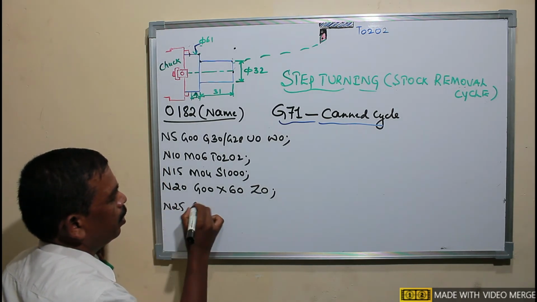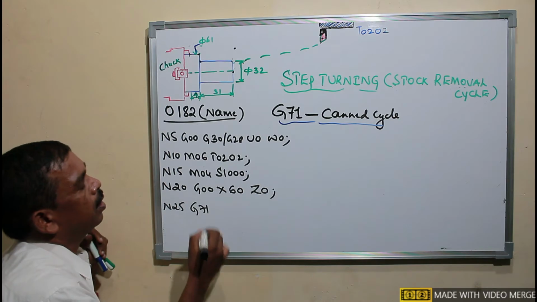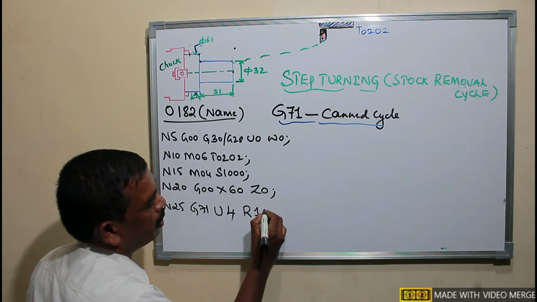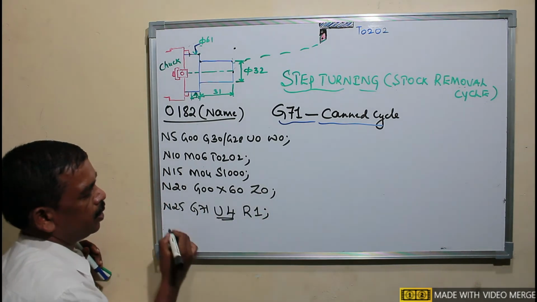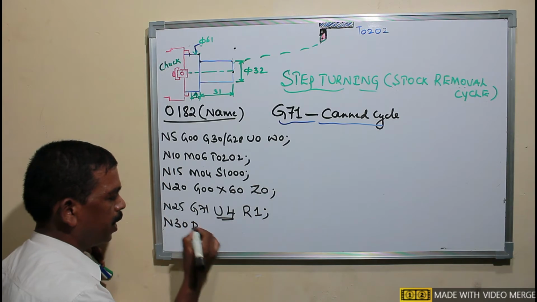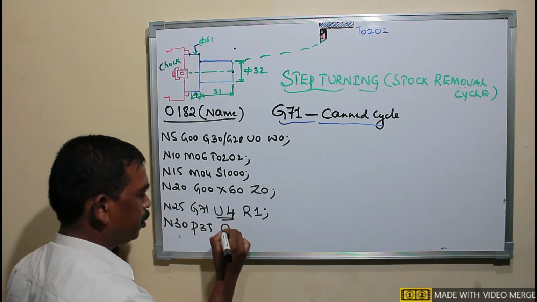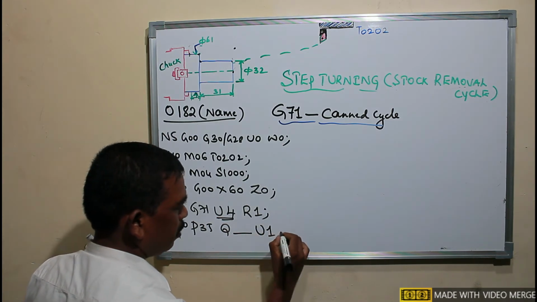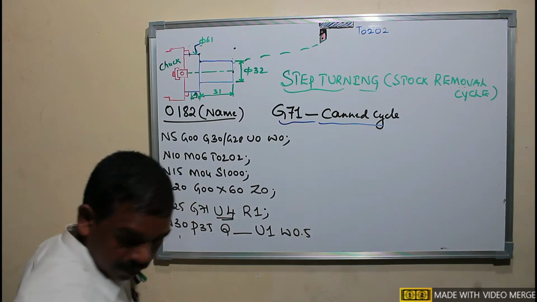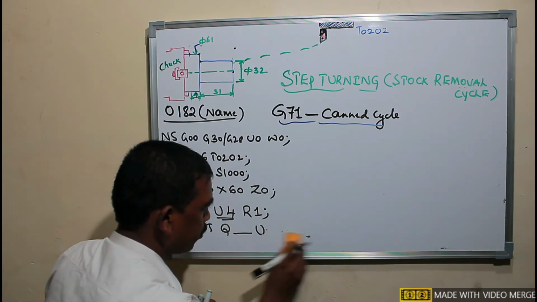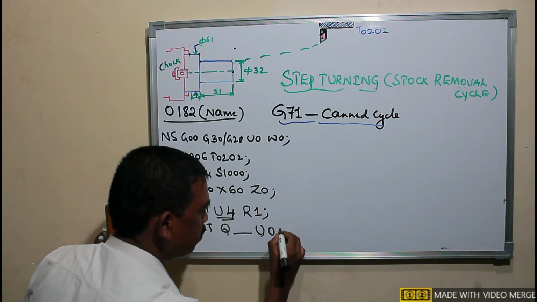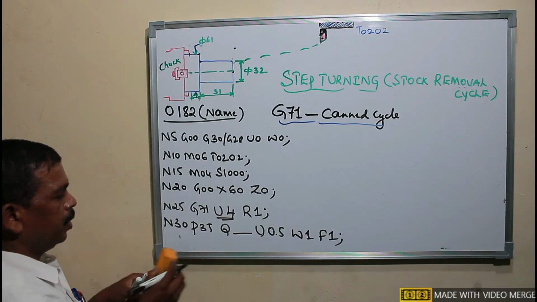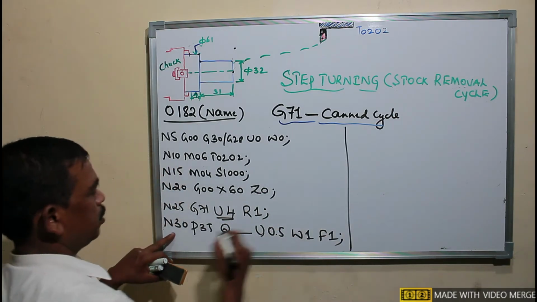Then G71, U is 4 mm, R is 1 mm. So this is depth of cut, and P 35, Q we have to write afterwards, and then U is 1 mm, W is 0.5, and feed is 1 mm, end of block.